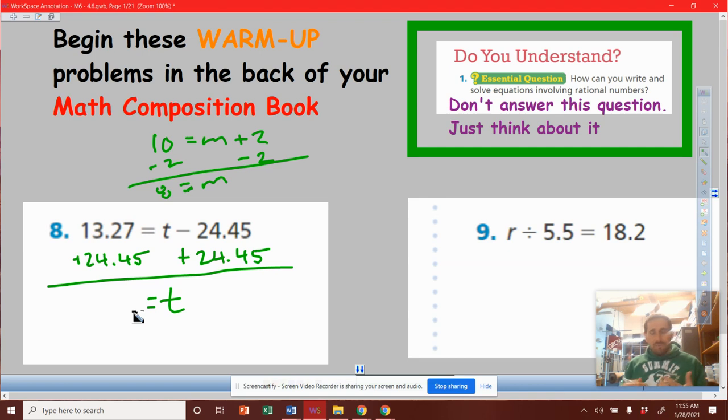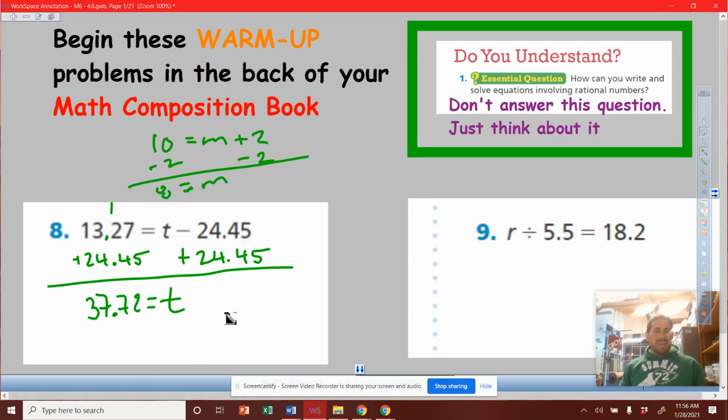Now, adding decimals or rational numbers, as it's written up there, that's what we did in our first unit of the year. So to add decimals, we just line up the decimals and add through each place value. So 7 plus 5 is 12. 1 plus 2 plus 4 is 7. Bring that decimal down. 3 plus 4 is another 7, and 1 plus 2 is 3.